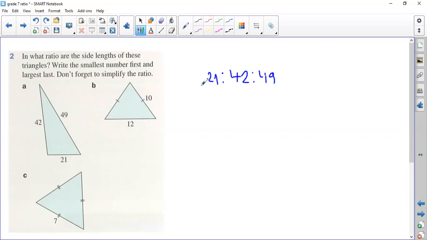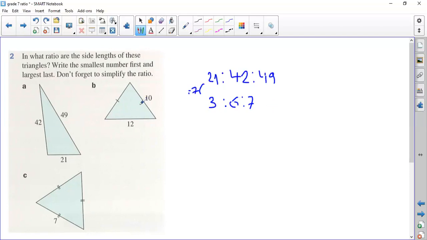So I have to divide each of these numbers by 7. So 21 divided by 7 will be 3, 42 divided by 7 will be 6, and 49 divided by 7 will be 7. So the ratio of the side lengths for this triangle will be 3 to 6 to 7.